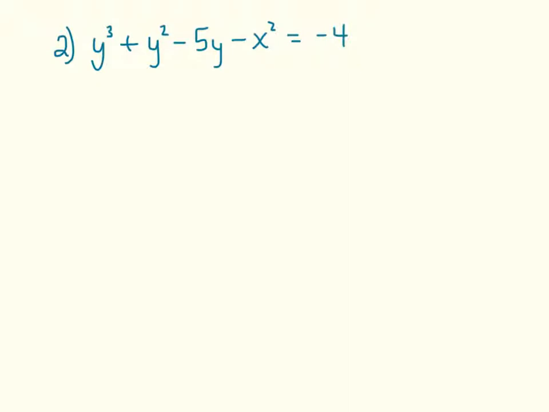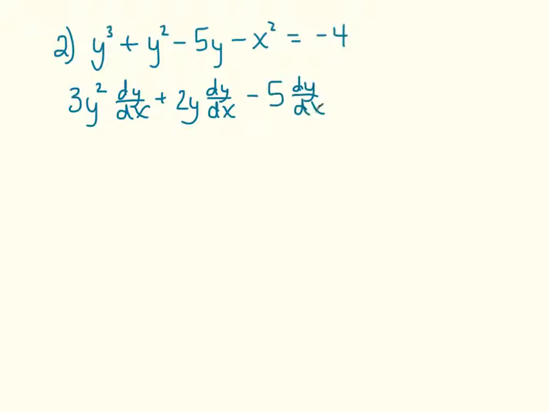Okay, our second problem here, again, we're going to go ahead and take the derivative with respect to x. So we would have 3y squared dy/dx, plus 2y dy/dx, minus 5 dy/dx, minus 2x is equal to 0.